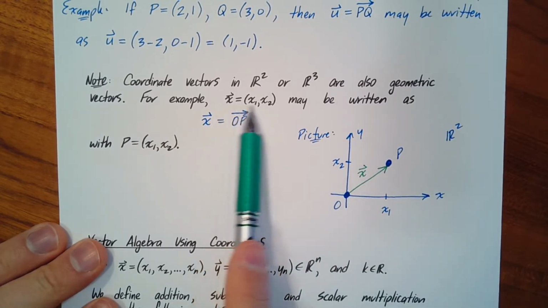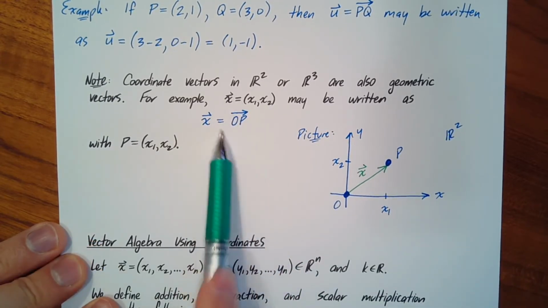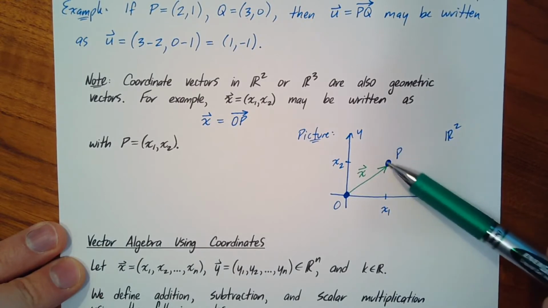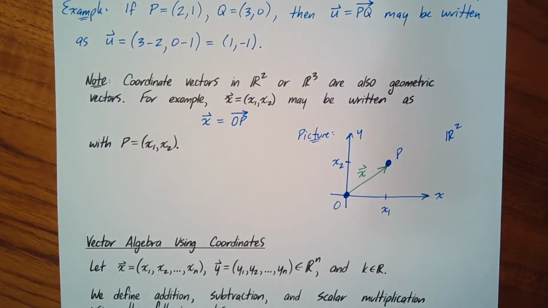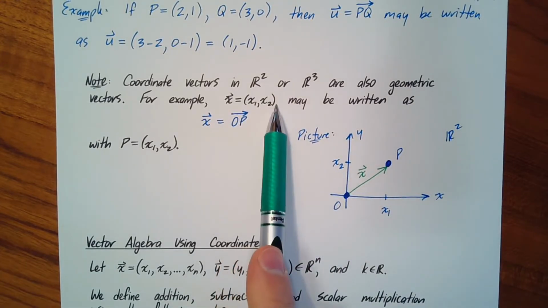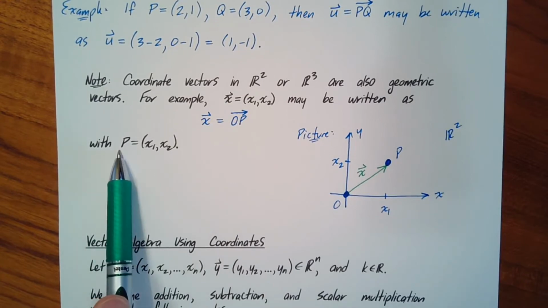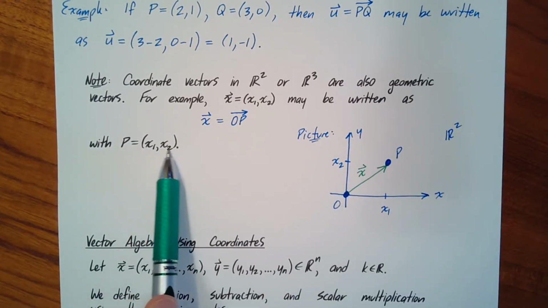When you take this coordinate vector and you convert it to this geometric vector, you're essentially just taking this point and converting it into this vector. But that's how you can turn coordinate vectors into geometric vectors. It's not going to be any different in R3. If you're given a coordinate vector in R3, then you'd have 3 coordinates, x1, x2, and x3.